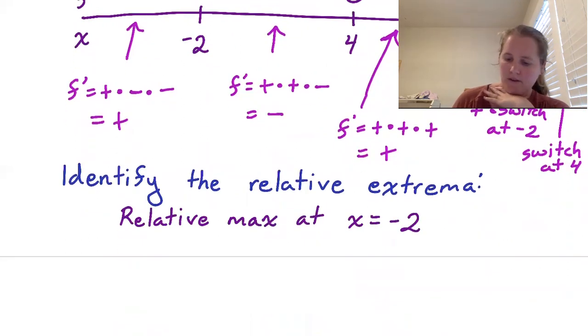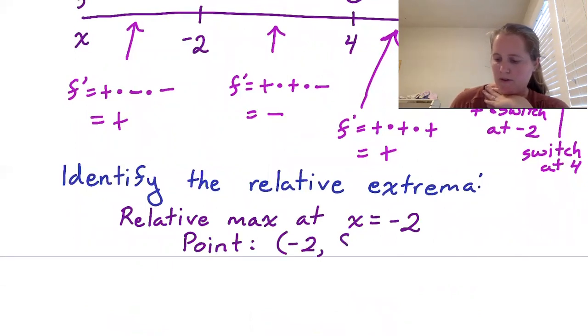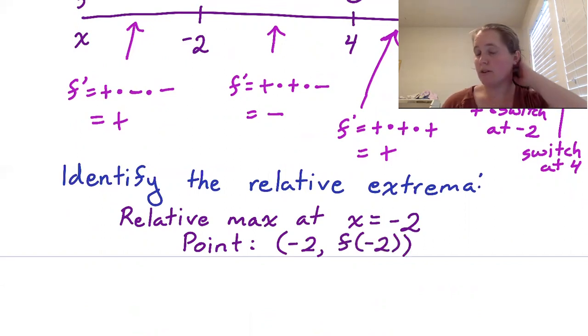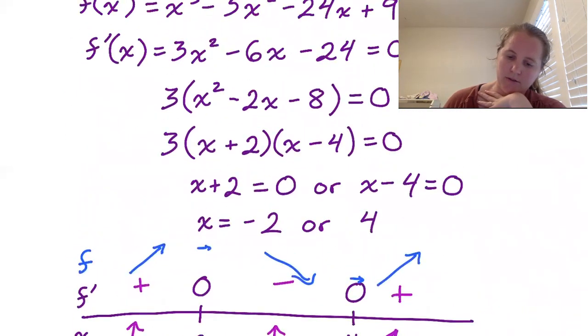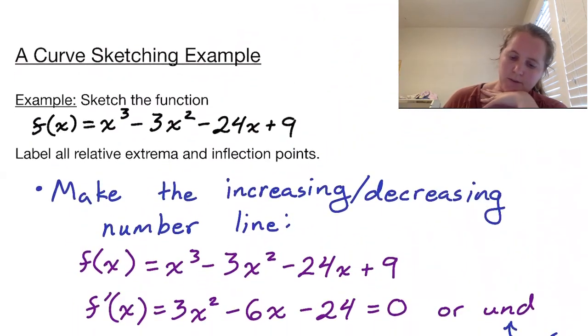And the point would be at -2, whatever f of -2 is. Now we do technically have our function, so we could go ahead and simply evaluate that. Right? So our original function was x cubed minus 3x squared minus 24x plus 9.